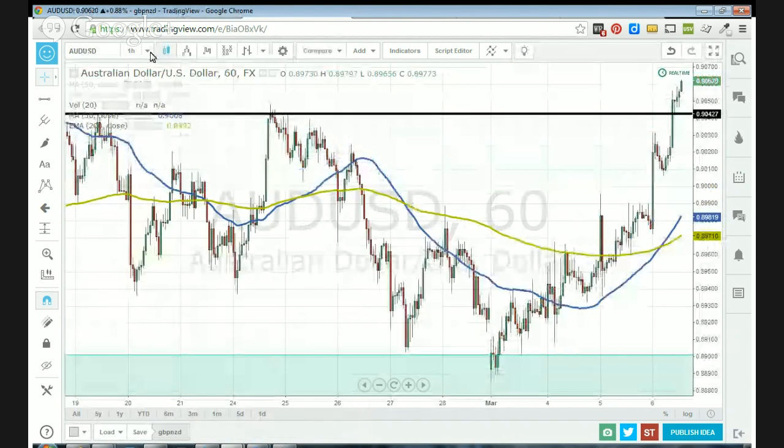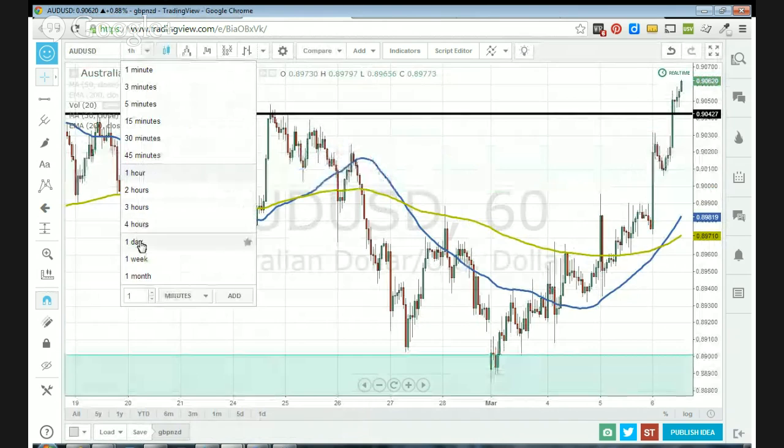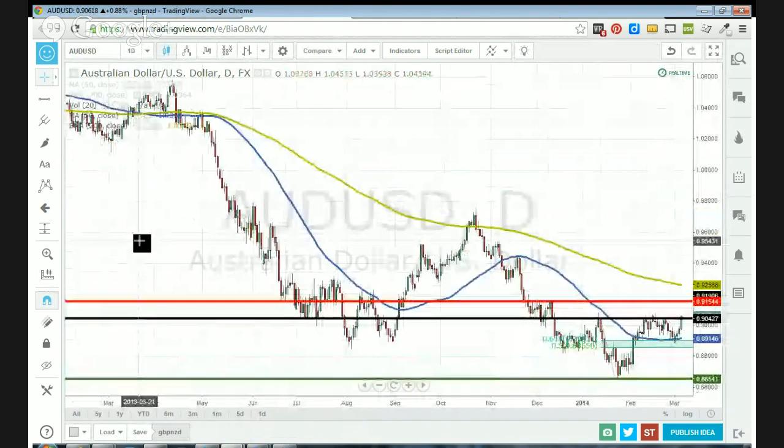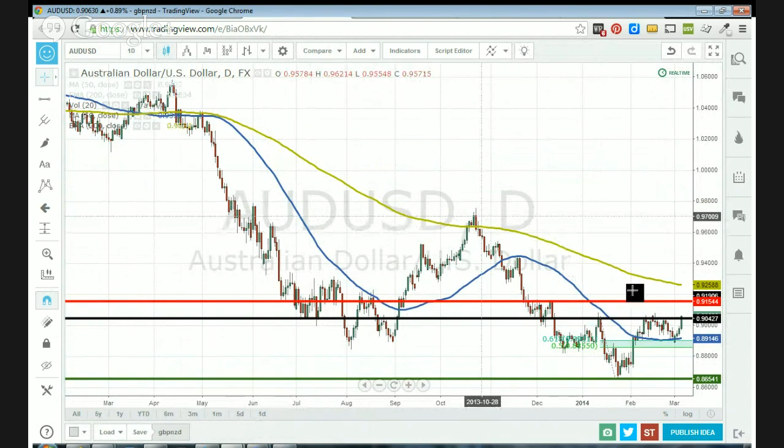Let's move this to the daily chart. I'm at my maximum risk. I had a short here, and I've been waiting for this a long time. We're in a downtrend, the way I see it, but all the price is now above the 50 simple moving average.